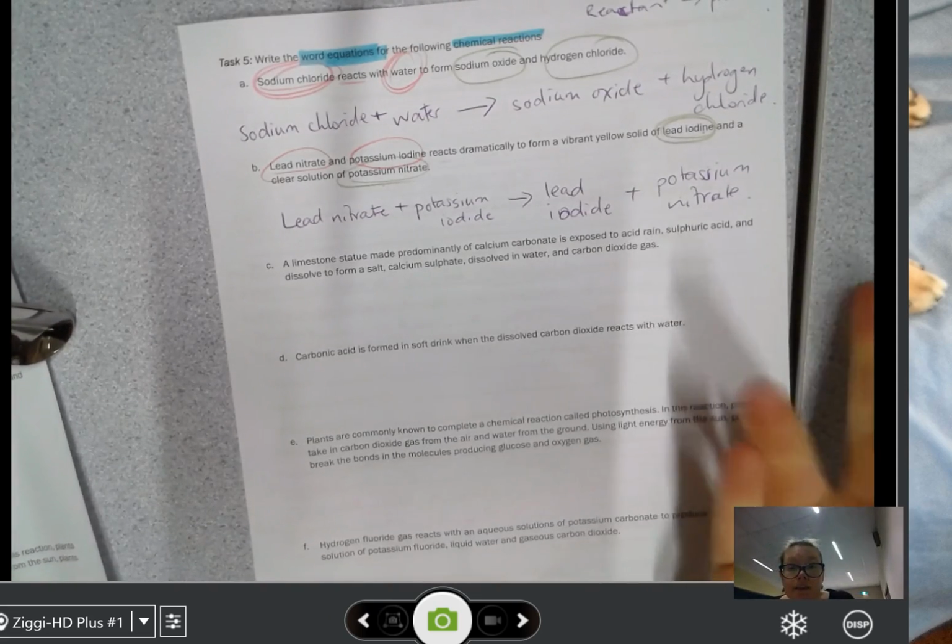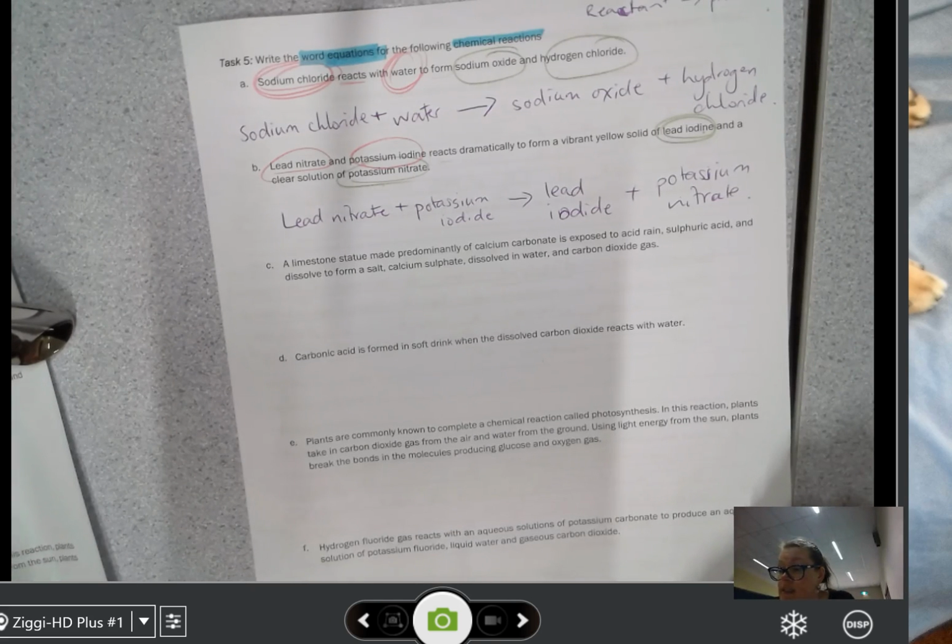Now, it hasn't asked us to put in states of matter, and we actually can't because we're not given enough information for those ones. So I'm going to go through the reactants, and then I'll pause it and write them out.